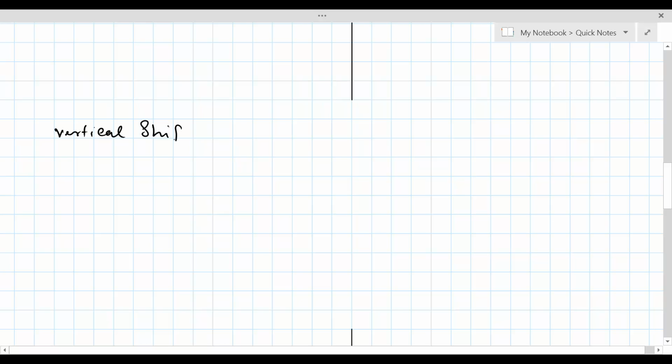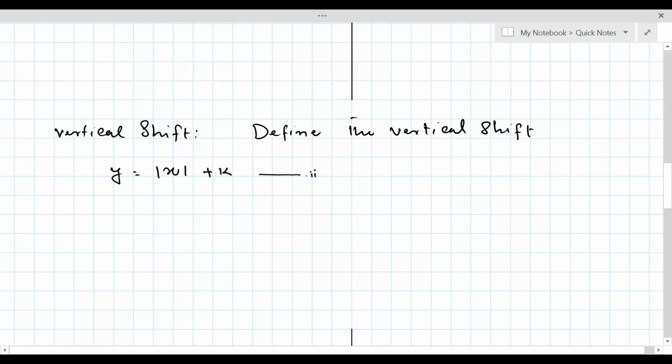We define the transformation, the vertical shift, by y is equal to mod of x plus k. So this is a number which is being added outside the modulus sign, and let's call this, in this reference, equation number 2, because that is the general equation of transformation.